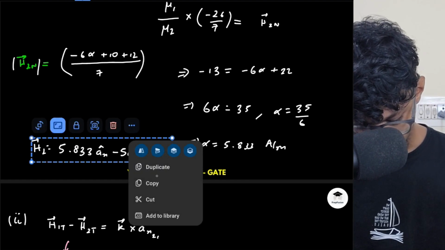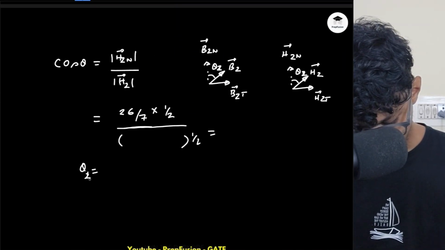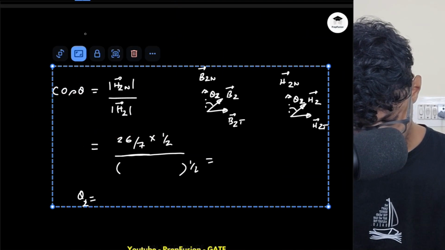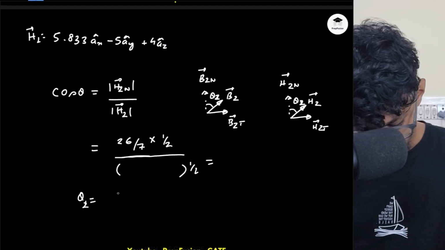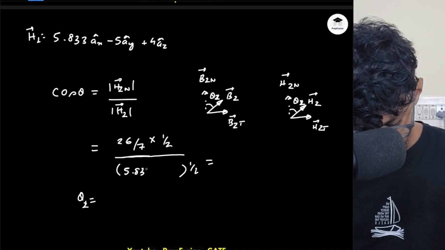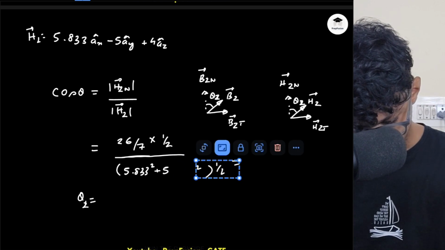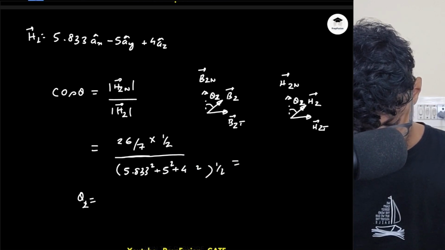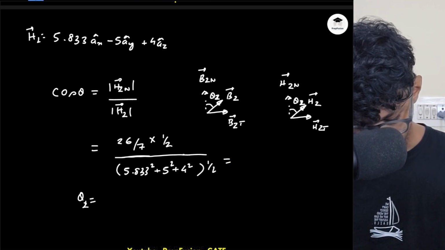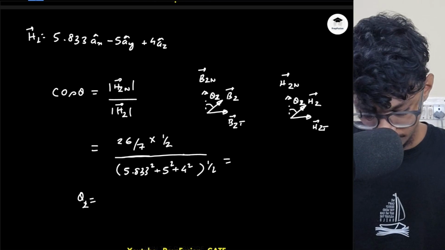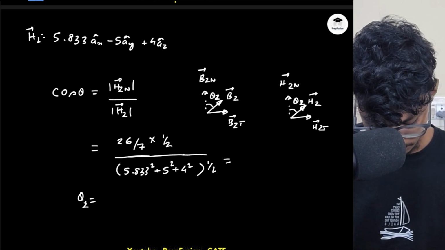So if I paste this here, now we'll write the magnitude. It will be 5.833 whole square plus 5 whole square plus 4 whole square.